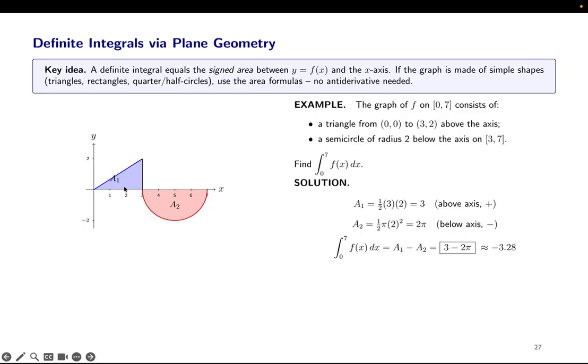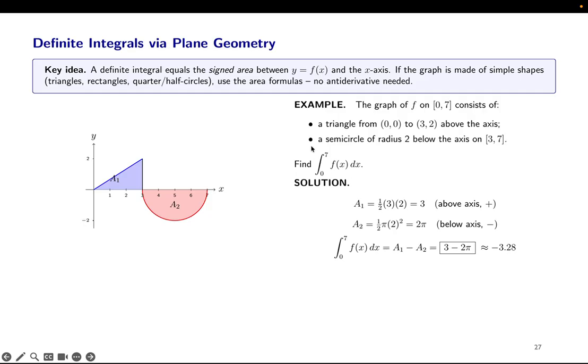So for example, if you have a curve like this, here's a function, here's a straight line, and then the second half of that function, this is kind of a piecewise function, it's just simply this semicircle. And so what's the definite integral from 0 to 7 of this function, given by this blue and red curves? Well, just the area between the function and the x-axis. That's just the definition of this, right?